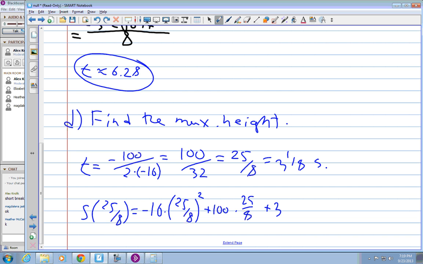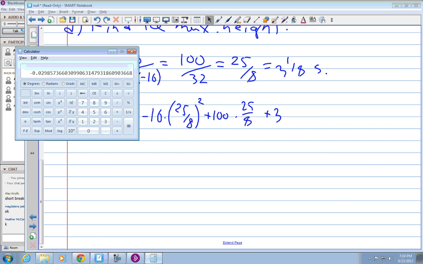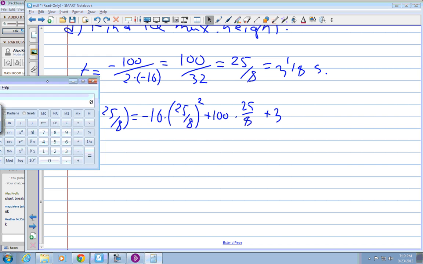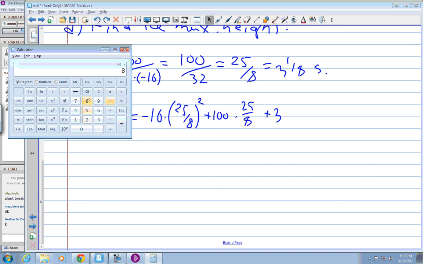So that will actually tell me what the value of that highest point. So here we go. So 25 over 8 is that squared times negative 16 gives me that much. So as the first term, I'm going to store it in my little memory thingy. And then I have 25 over 8 times 100. I'm going to add that to my memory.